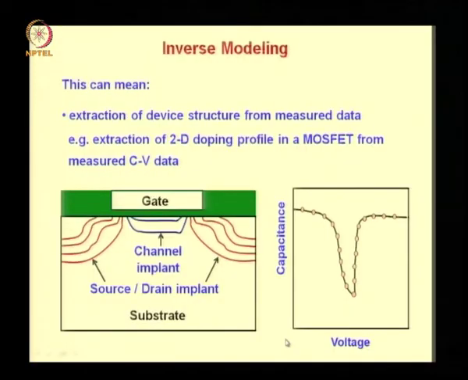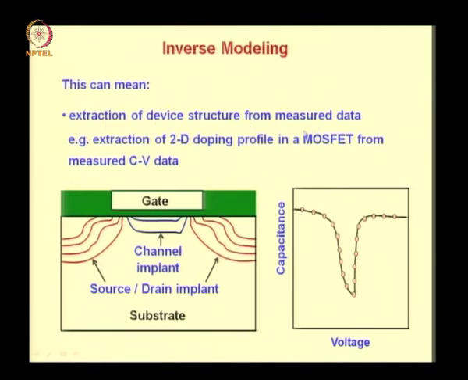Just let us illustrate quickly how inverse modeling extracts the device structure from measured data. Suppose we want to extract this two-dimensional doping profile of this MOSFET from CV measurements. Here is the capacitance versus voltage between the gate and the substrate.